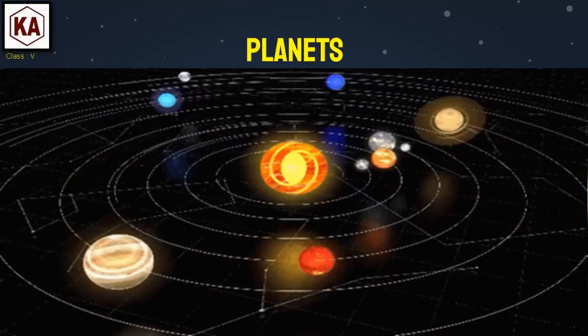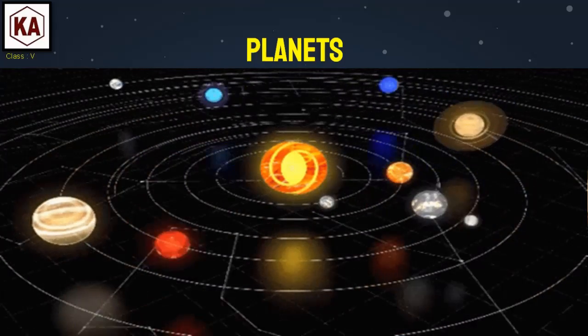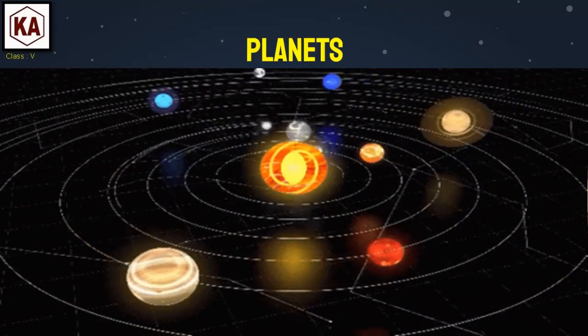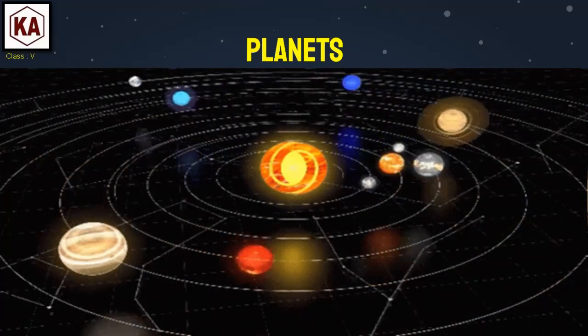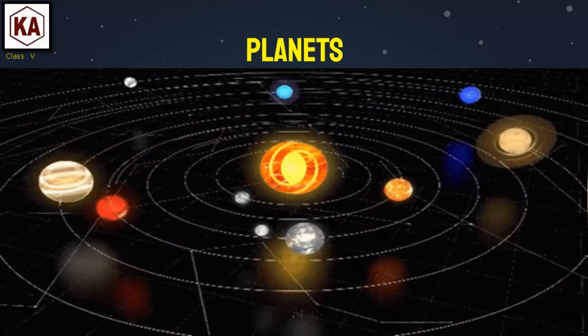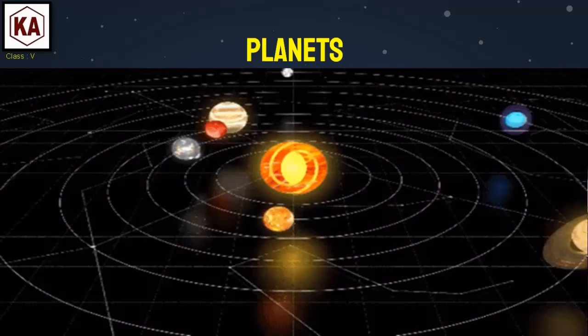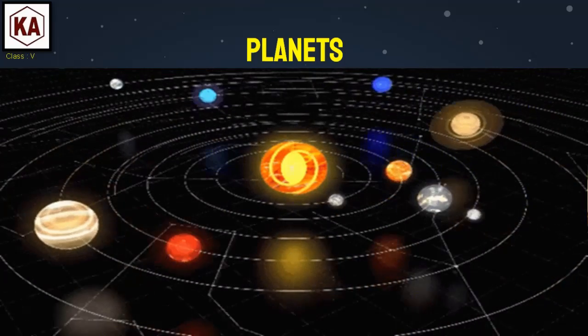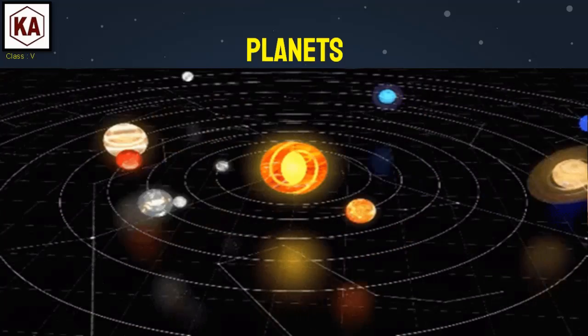This is our solar system. Do you know how many planets we have here? Yes, there are 8 planets. Good, guys. Let me tell you that we used to have 9 planets, but then our scientists decided to exclude our last planet, Pluto, from our solar system.